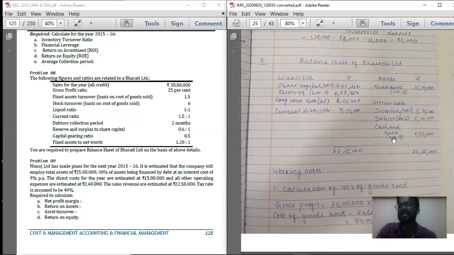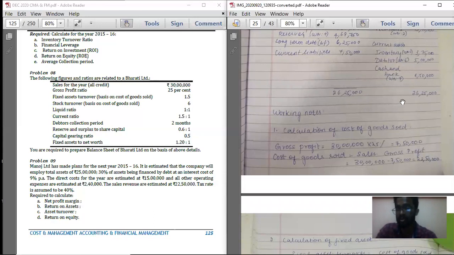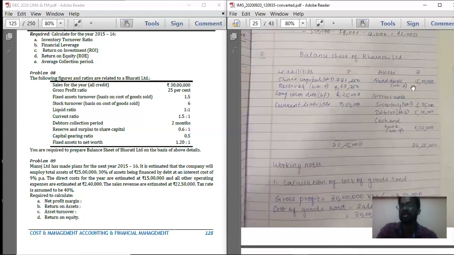Below the debtors, cash and bank, within bracket, working note number 7. Amount column 2,50,000. Now total the asset side. 15 lakhs plus 3,75,000 plus 5 lakhs plus 2,50,000.